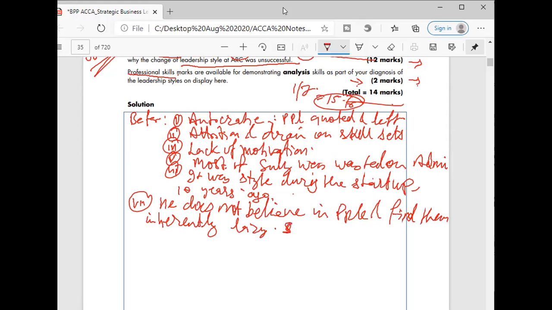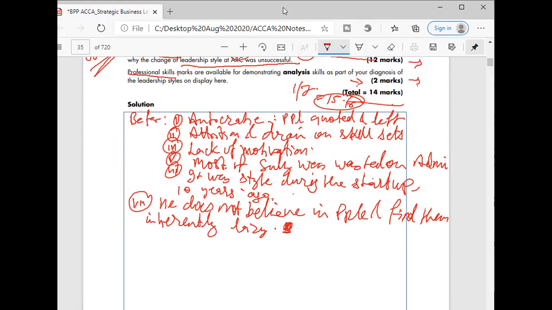So can we say that his leadership lacks social traits? There are no social traits such as cooperation and courtesy, I would say.